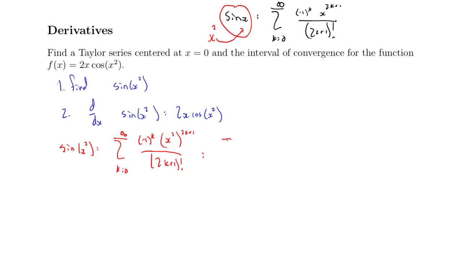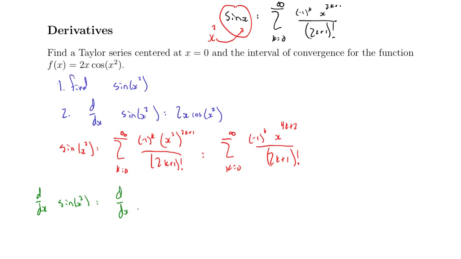And I can simplify that a little bit because I know that that's negative 1 to the k of x to the 4k plus 2 when I multiply those exponents divided by 2k plus 1 factorial. Great. Now I can do the second step where I differentiate this thing.